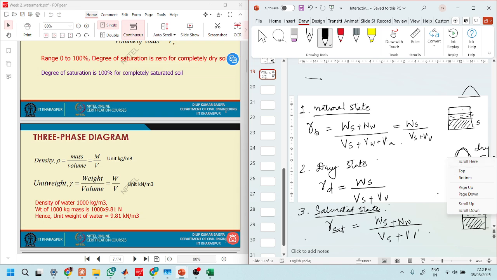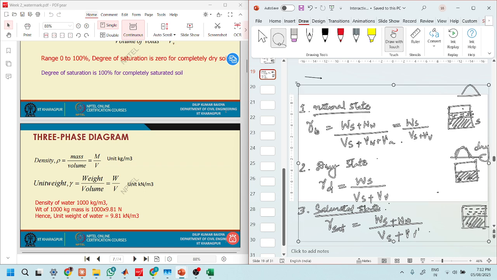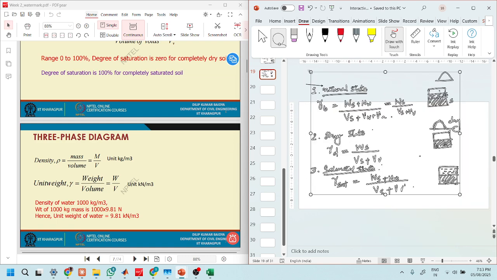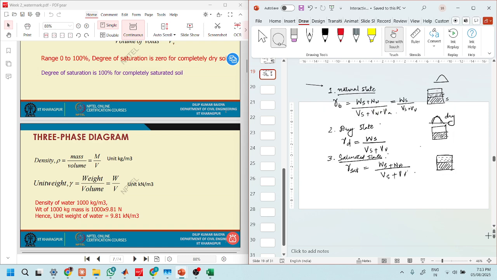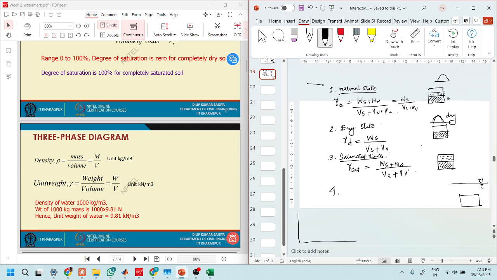Then one more case scenario is there. What this exactly means is that in the field, sometimes you come across the water table.